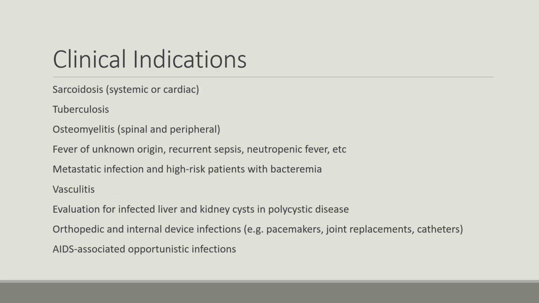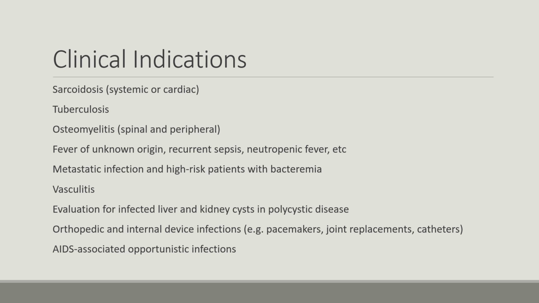The clinical indications for infection and inflammation imaging with FDG are listed below. This is not an all-encompassing list, but these are the most common indications. Sarcoidosis could be systemic or cardiac. Tuberculosis, osteomyelitis, spine or peripheral. Fever of unknown origin, recurrent sepsis, neutropenic fever.